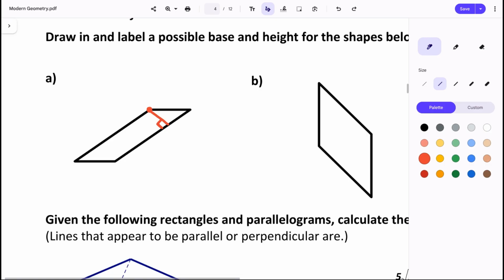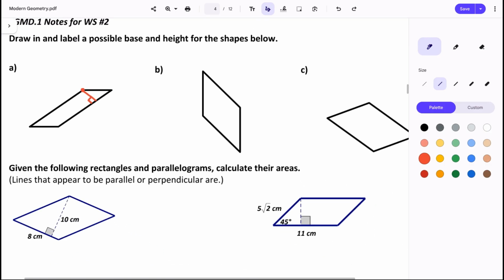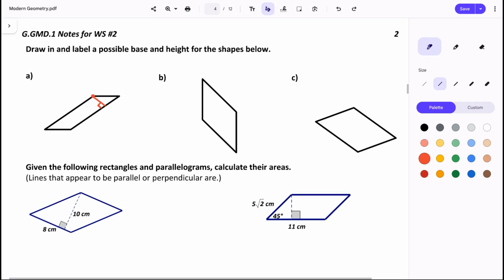So I want you guys to take a second here and draw in 2 more heights, one for B, one for C, just to practice how you would connect base to base. Imagine you're drawing little tiny triangles.